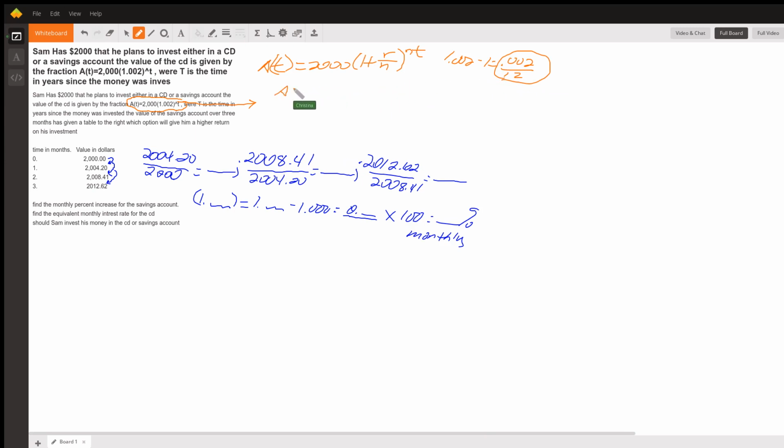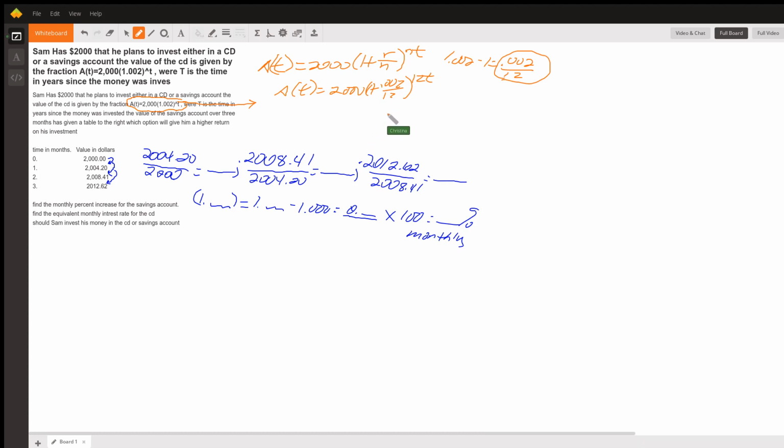If you were to put it into a formula, you would have 2,000 times (1 plus 0.002 divided by 12) to the 12t. So once you actually calculate this out, it's going to give you what the interest rate is.